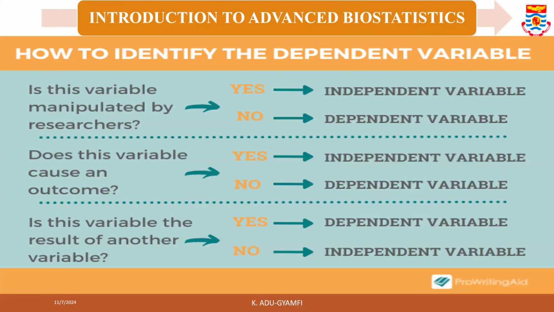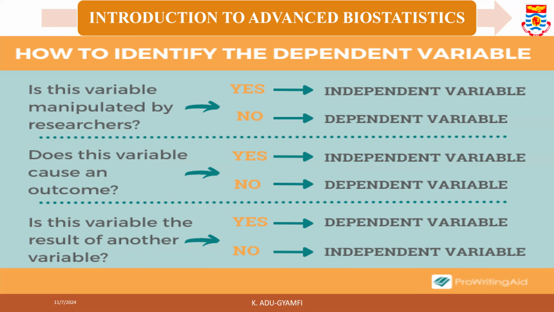Okay. So I have given these scenarios or situations that should occur to you after taking the measurement to decide which one. If the variable is manipulated by the researcher, then it's the independent variable.